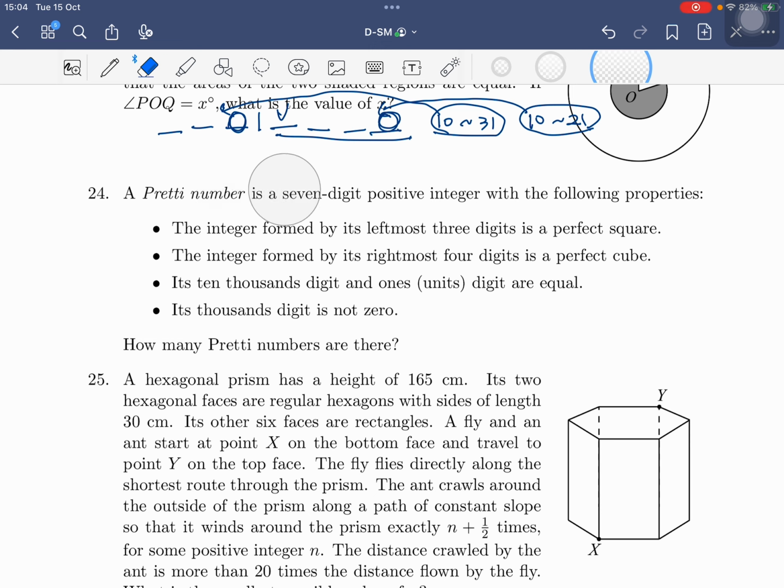So let's categorize them by the last digit of 0, 1, 2, 3, 4, 5, 6, 7, 8, 9.